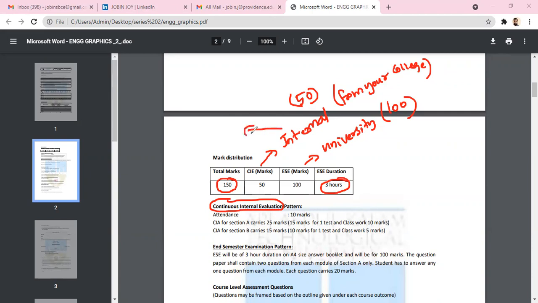Coming to the internal, you have to attend the class regularly such that you will get 10 marks.